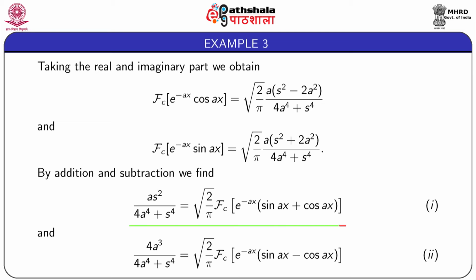Similarly, by subtraction of these two, we get 4a cube by 4a^4 plus s^4 equal to root over 2 by pi Fourier cosine transform of e to the power minus ax sin ax minus cos ax.